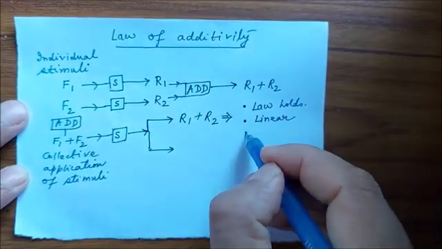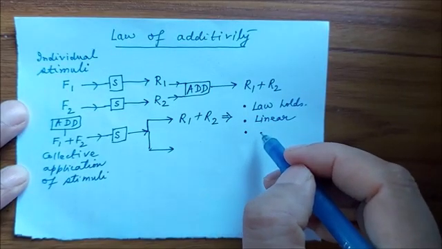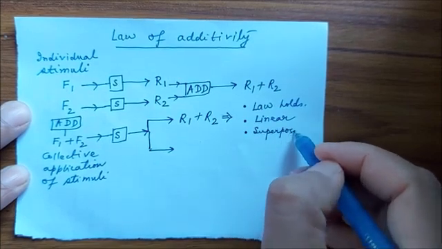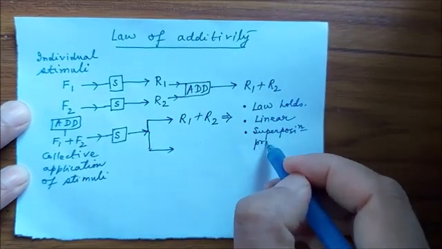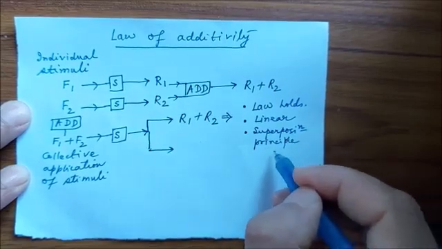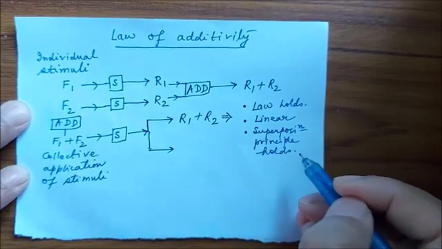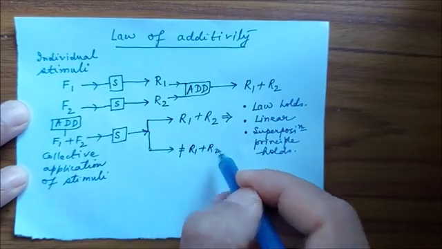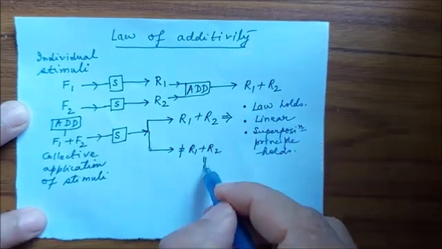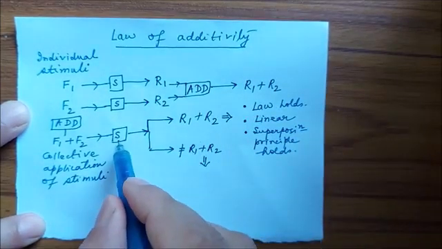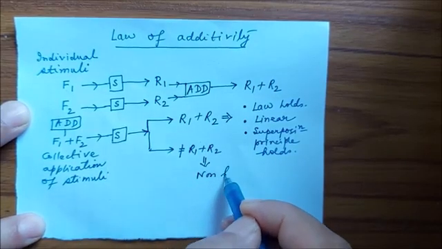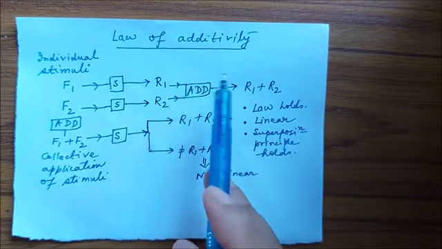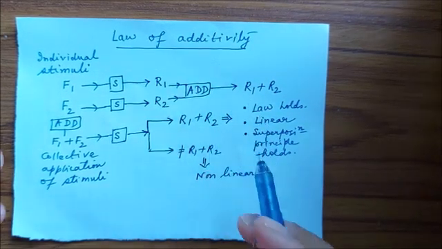And also, principle of linear superposition holds. On the other hand, if we do not get R1 plus R2, then the conclusion will be that this system S is non-linear. It is not linear. So let us write the law of additivity in the form of a statement.